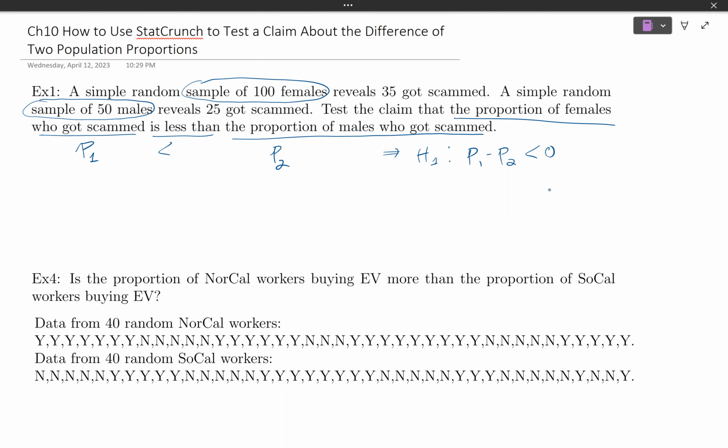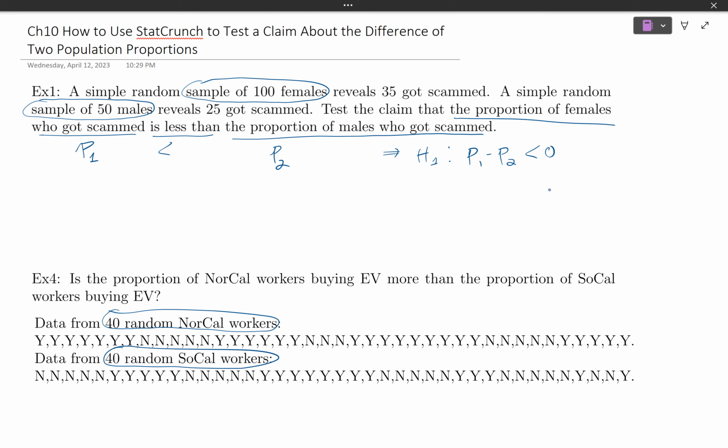In exercise 4, we have raw data from a sample of 40 NorCal workers and a sample of 40 SoCal workers.